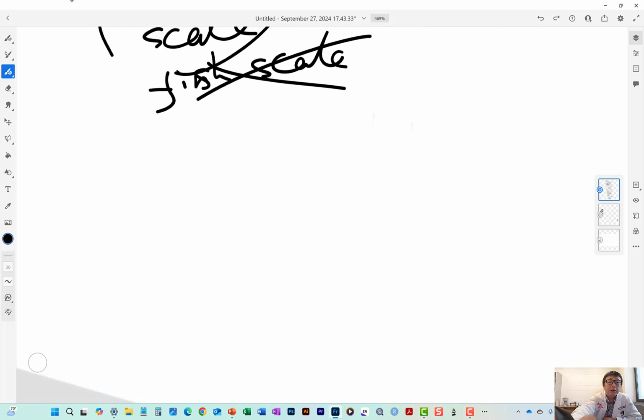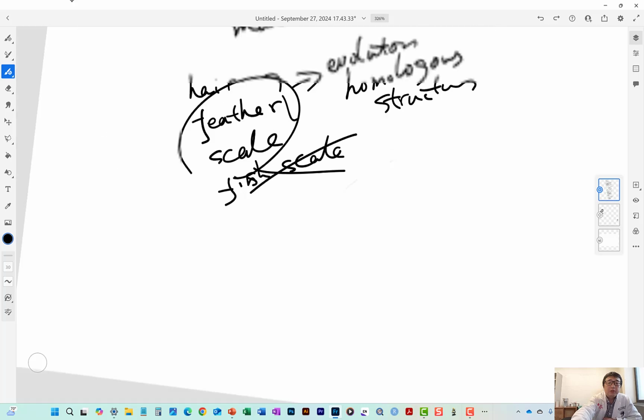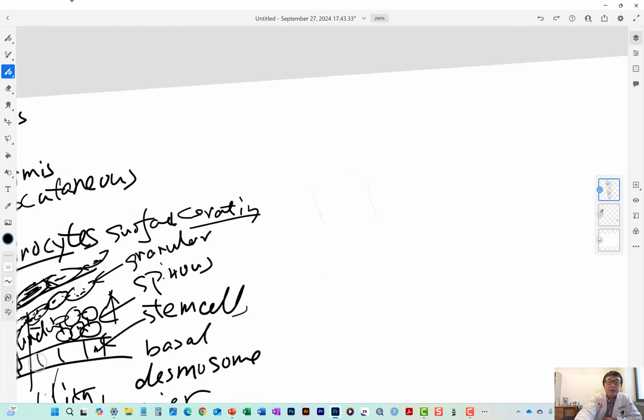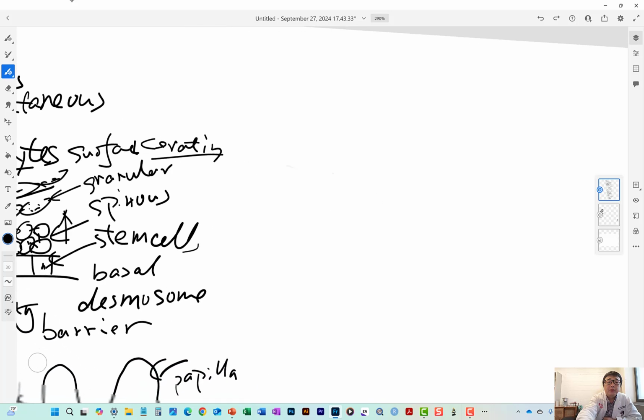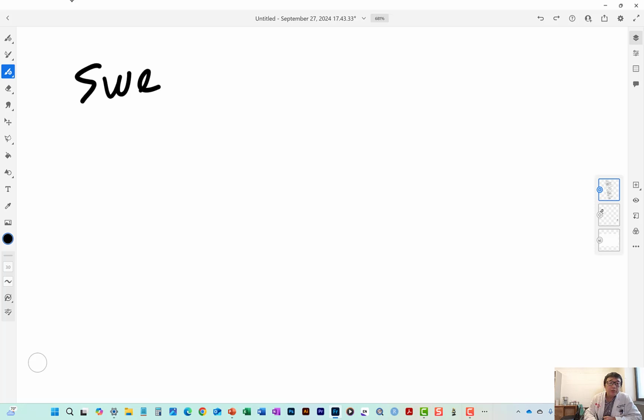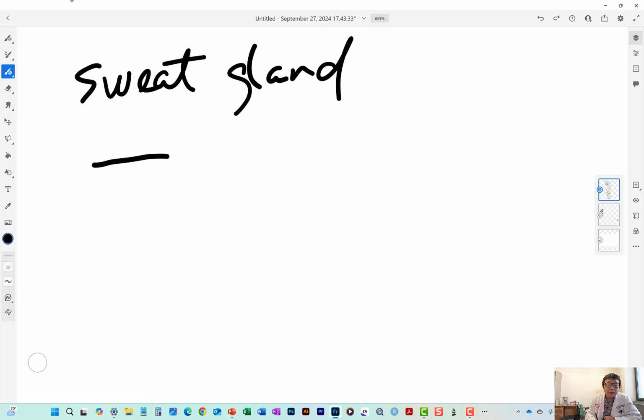And let's talk about the sweat. Next we have the sweat gland. The sweat gland itself actually evolved from the epidermis.